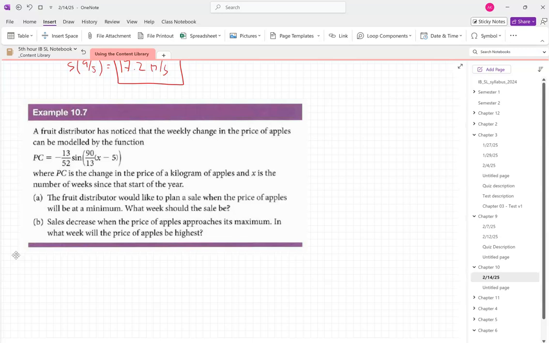Part A, the fruit distributor would like to plan a sale when the price of apples will be at a minimum. What week should the sale be? And then the sales decrease when the price of apples approaches its maximum. In what week will the price of apples be highest?